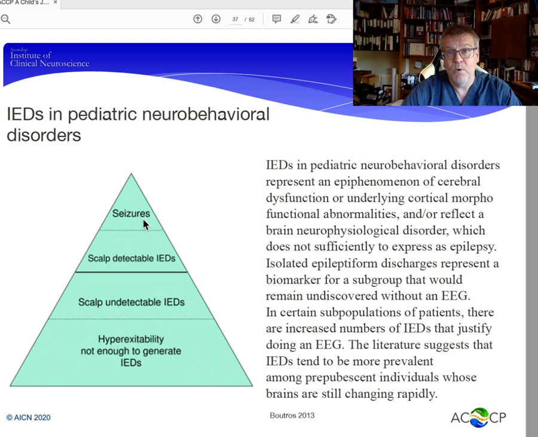And then there is this area that is hyperexcitability but not IEDs, which we can actually see. Lots of times we will say the hyperexcitability is a potential IED production area. So that explains the seizure production pyramid.